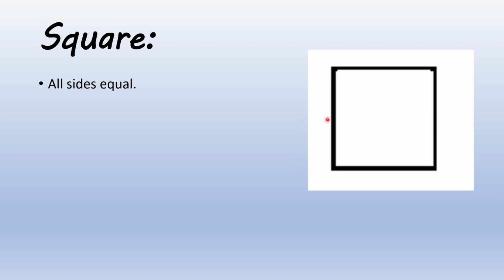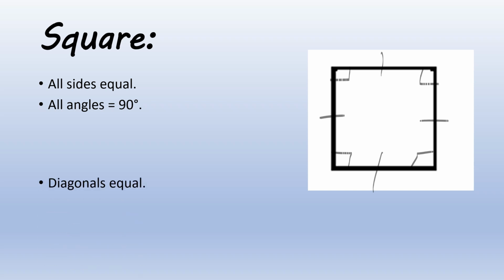Okay, now suppose this side is 4, so this will also be 4, this will be 4, this will be 4, so every side will be of equal length. Okay, this is the first property. Second, all angles will be of 90 degrees. Okay, so this is also 90, this is also 90, this is also 90, this is also 90. So all the angles will be of 90 degrees.